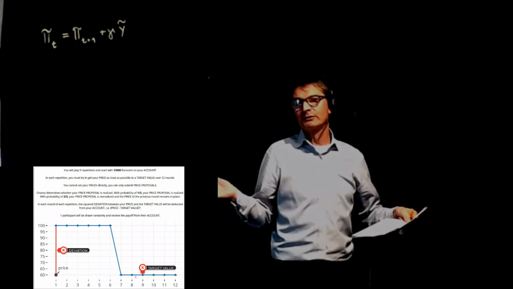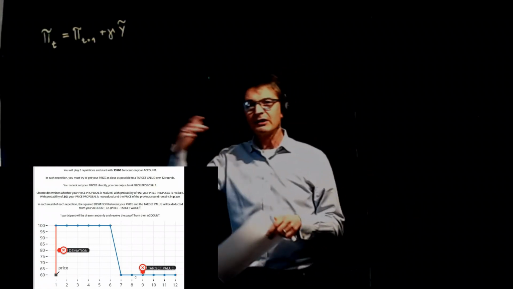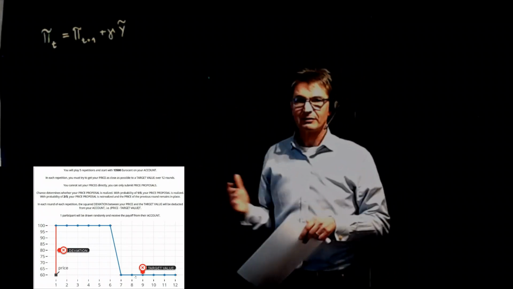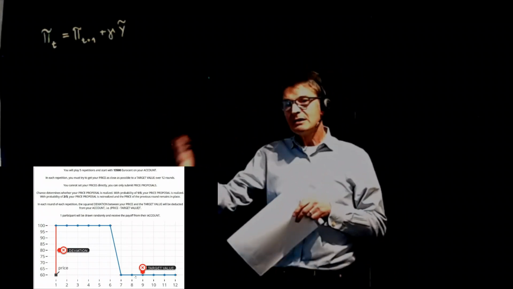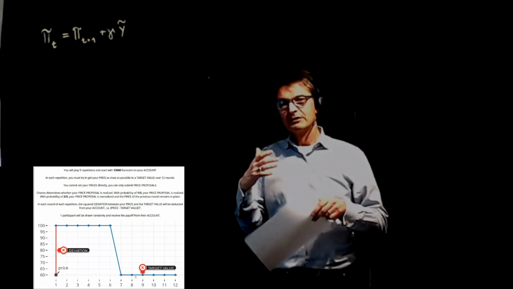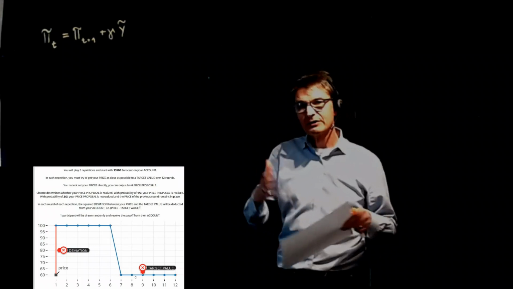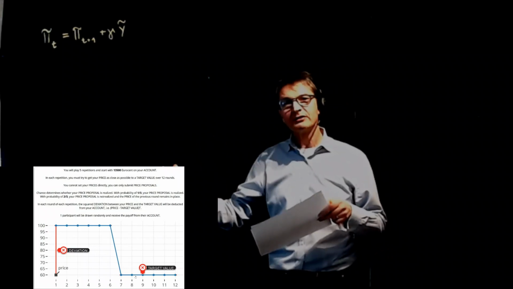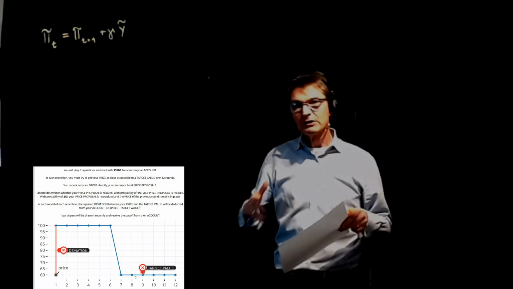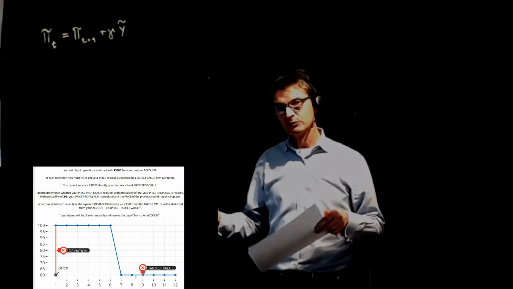So think, for example, that your sales agent is living at a distance, and you're sending an email updating your sales agent about the new price. However, this email reaches the sales agent only with a probability 1/3. And otherwise, the sales agent will continue with the old price.